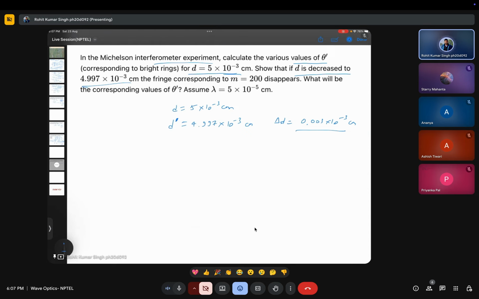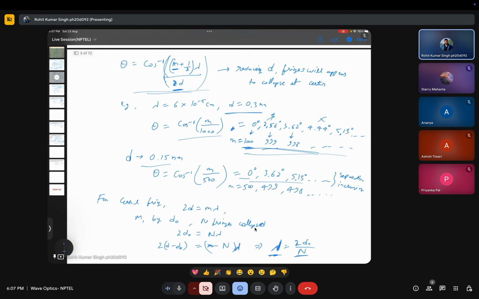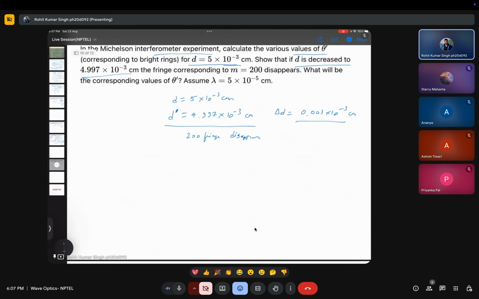And the problem is, for this change of distance, 200 fringes are disappearing. We discussed here that when we reduce the distance between the mirrors, fringes collapse. So 200 fringes are collapsing.